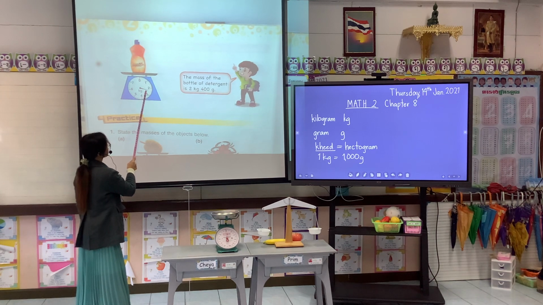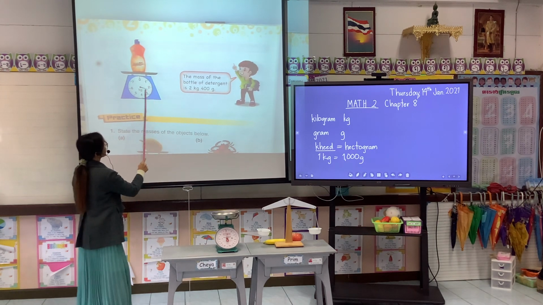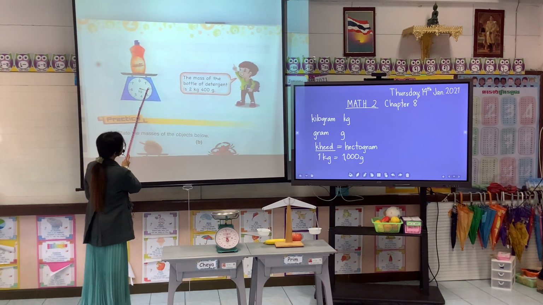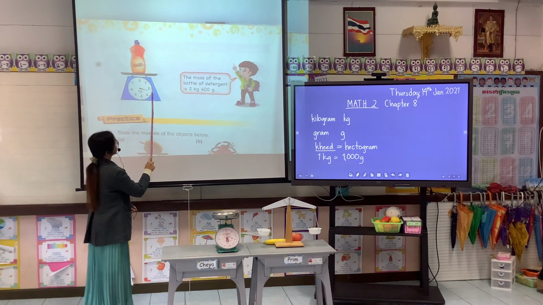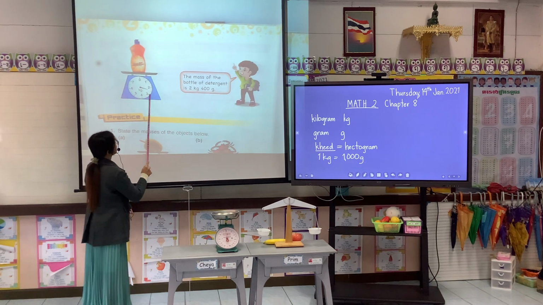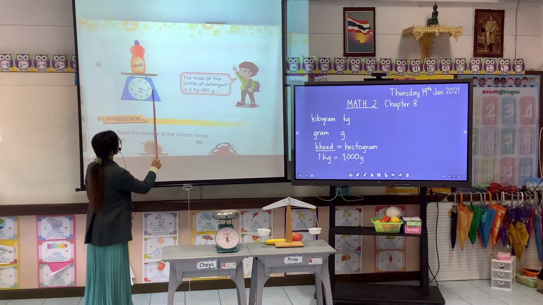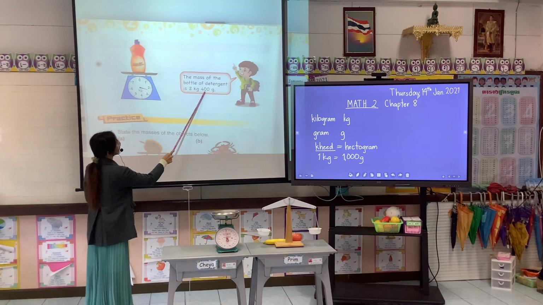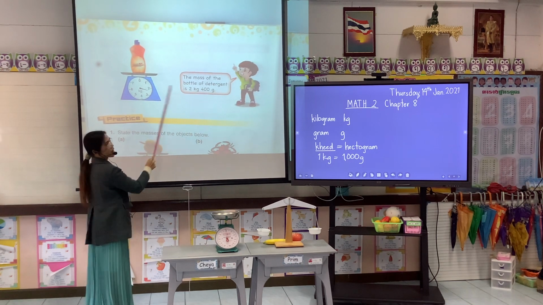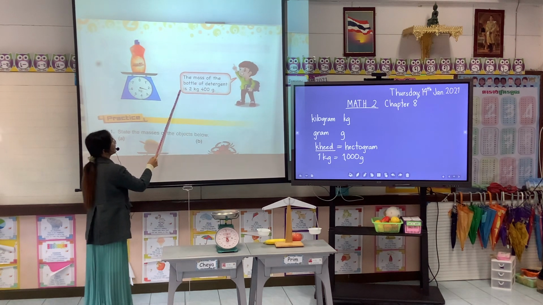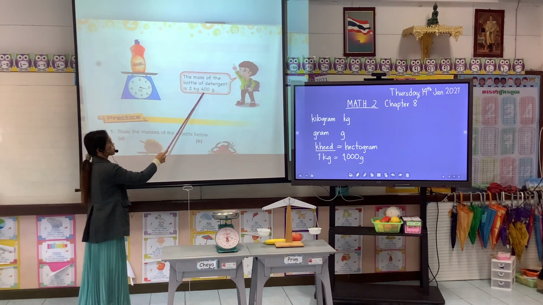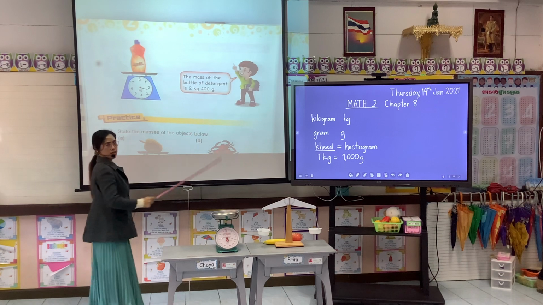It points at 2, so that is 2 kilograms. And then 100, 200, 300, 400 grams. So the mass of the bottle of detergent is 2 kilograms, 400 grams.